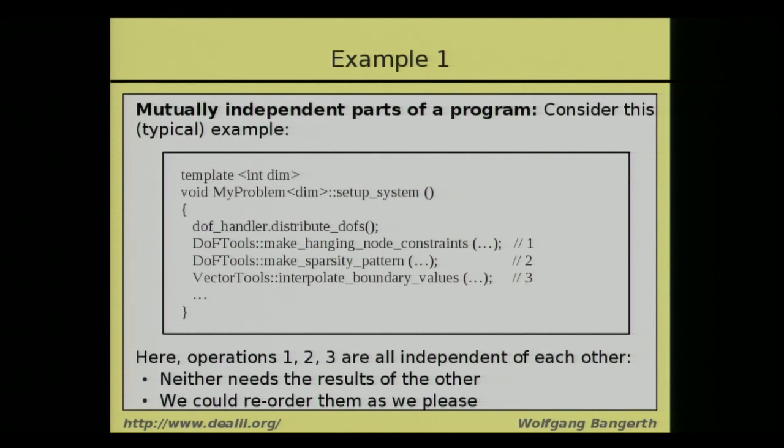Then you build a sparsity pattern, and you might associate a matrix with it. And then, for example, also you might want to interpolate boundary values. This is something that in some of the other programs we've actually done in the assemble_system function, but you could do it here if you wanted to.